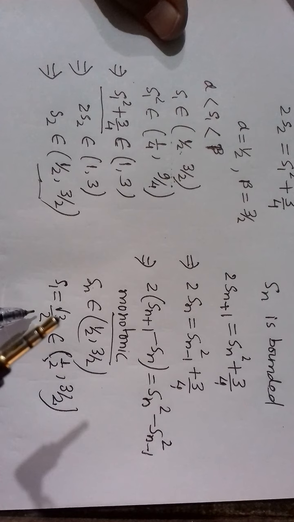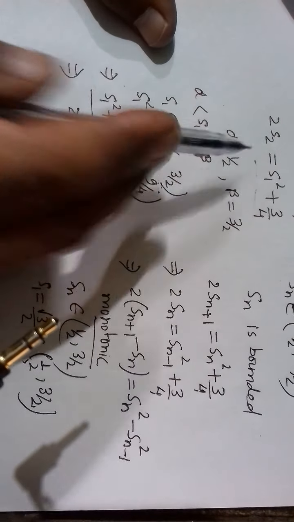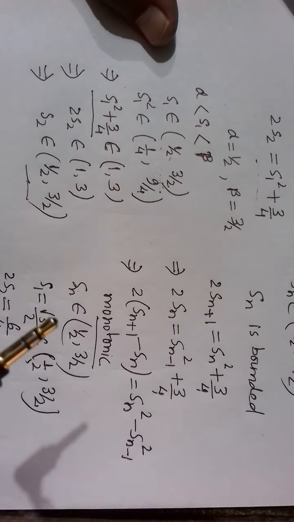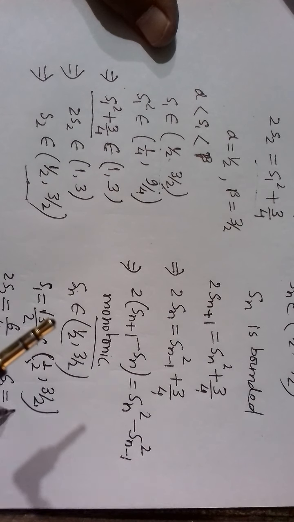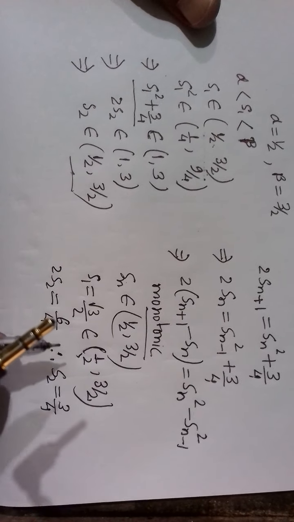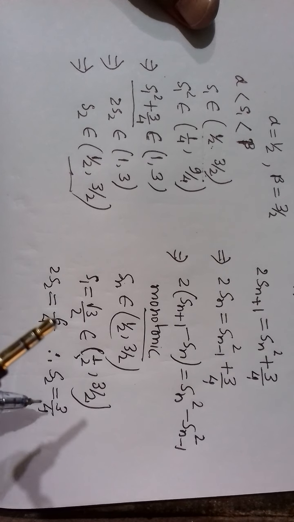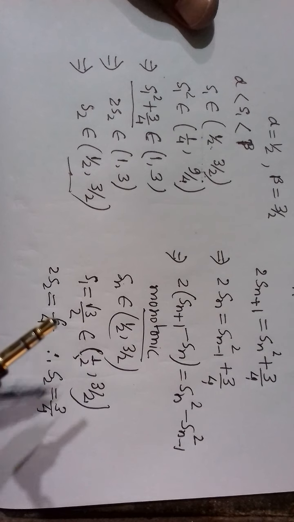Putting this value in this equation, we have 2S2 equals 6 by 4. This means that S2 is 3 by 4, and we know that root 3 by 2 is less than 3 by 4. 3 by 4 is greater, so the sequence is monotonically increasing.